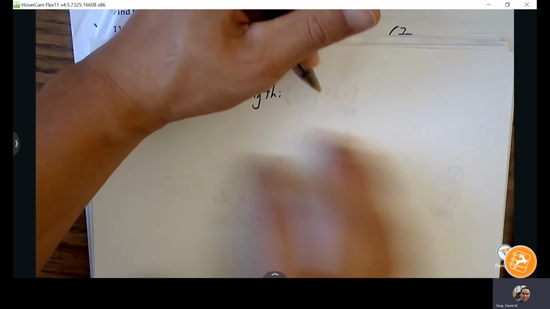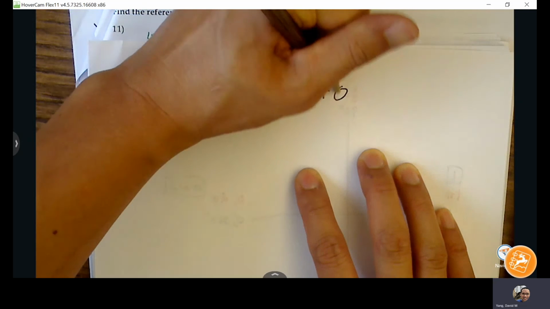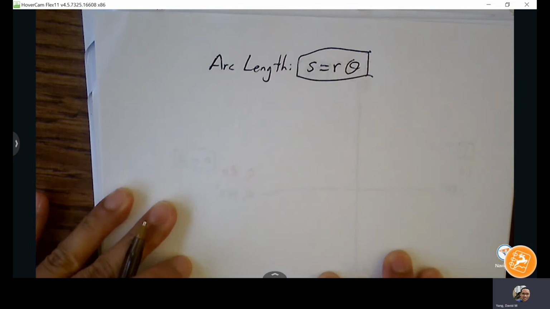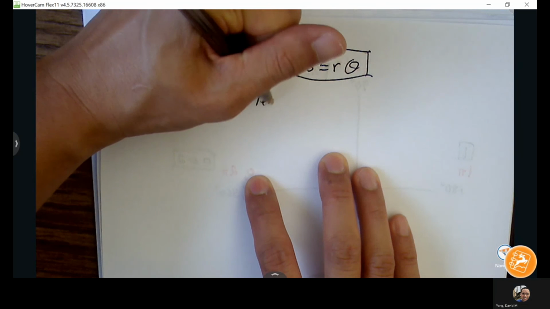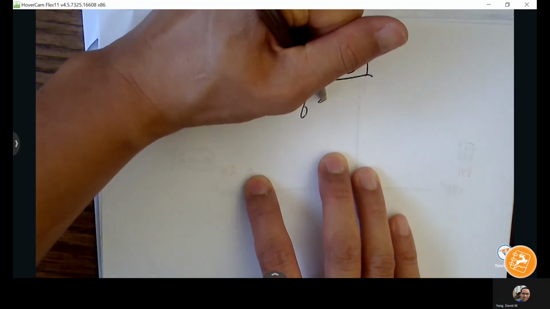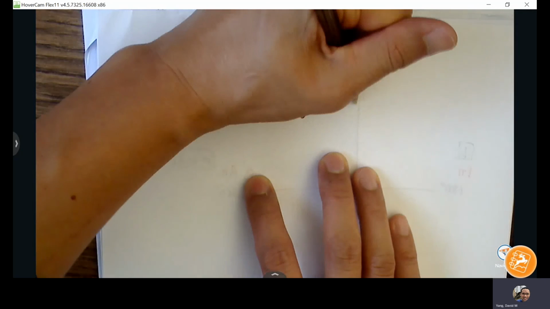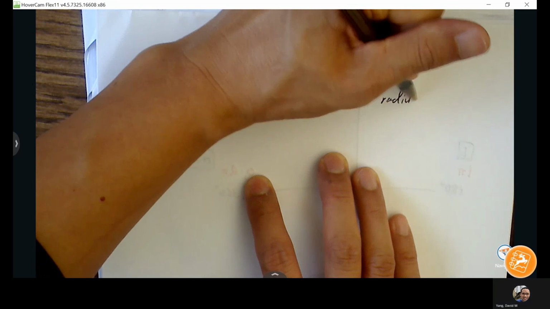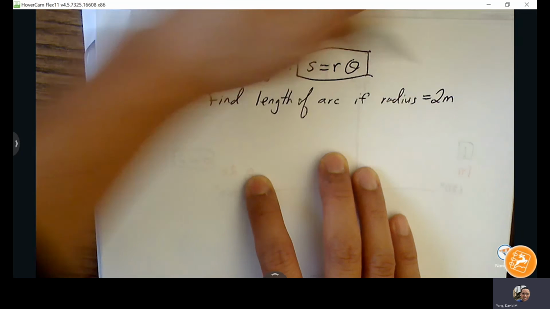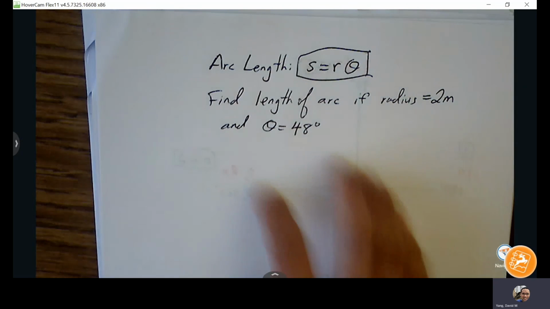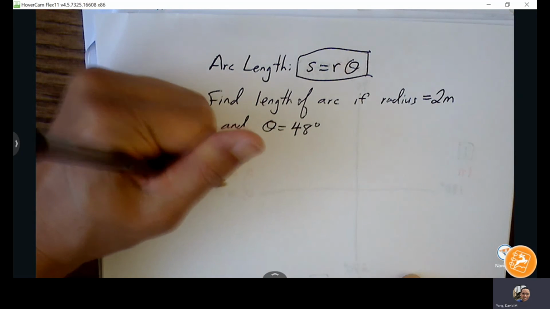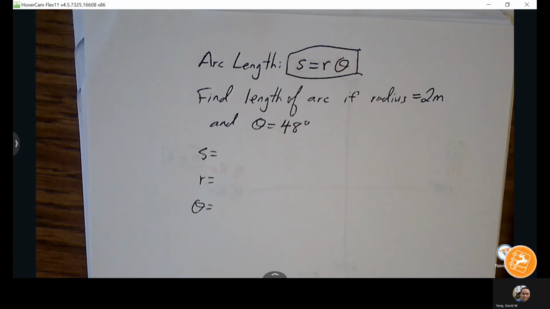Okay. Arc length, we need to be able to know how to work with s equals r theta. Pretty straightforward, but there's one thing we've got to be careful about.